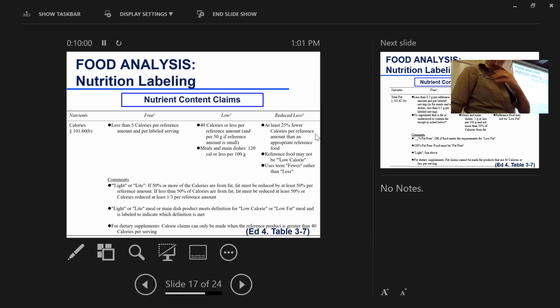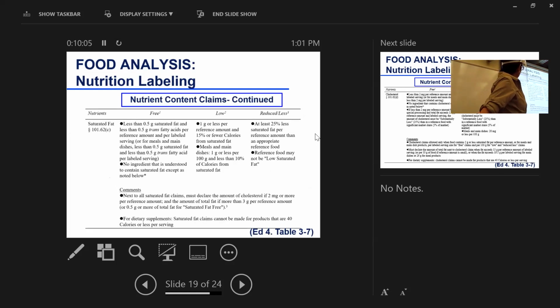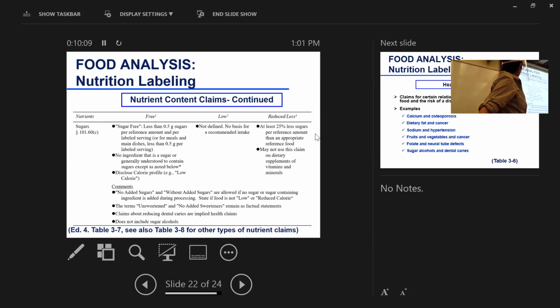And this goes on for other nutrients, for total fat, for saturated fat, for cholesterol, for sodium, and for sugars. And there is also a table specific for a good source of, a high source of. That would be a good reference for you in the future to understand when you can make a content-related claim.